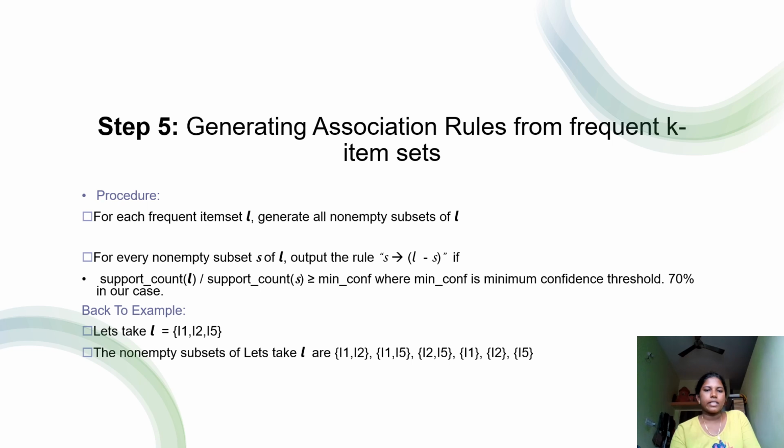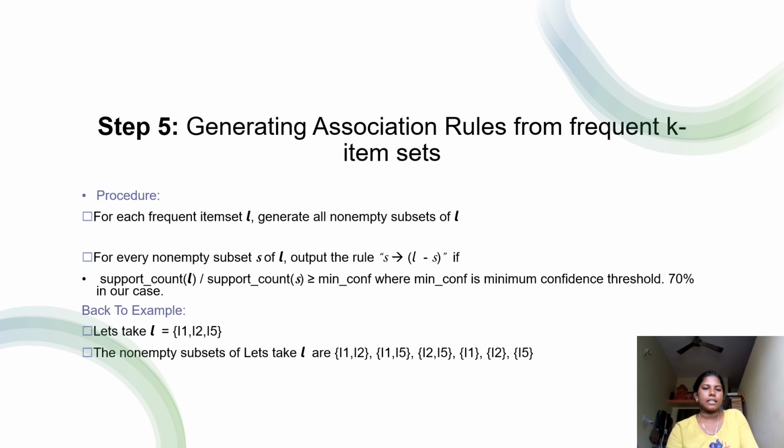The procedure is, for each frequent item set L, generate all non-empty subsets of L. For every non-empty subset S of L, output the rule S implies L minus S if support count of L divided by support count of S is greater than or equal to minimum confidence, where minimum confidence is the threshold, 70% in our case.